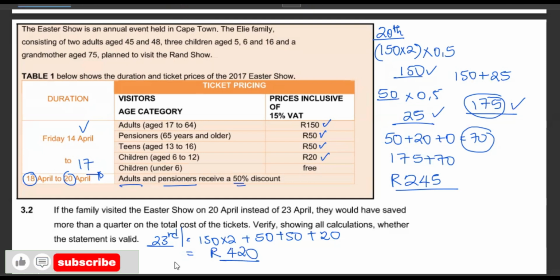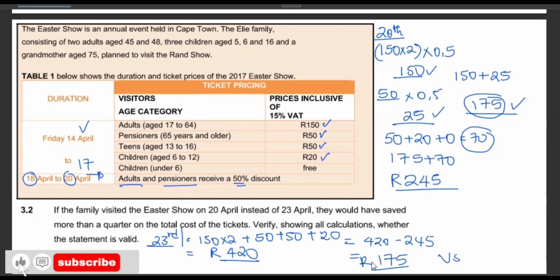So we shall say 420 minus 245. We have the answer as 175. This is the savings.